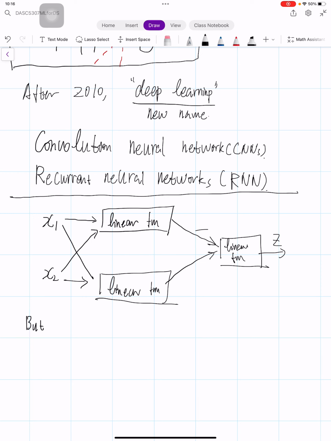a linear transformation of a linear function is still a linear function. So a linear combination of linear functions is still linear.